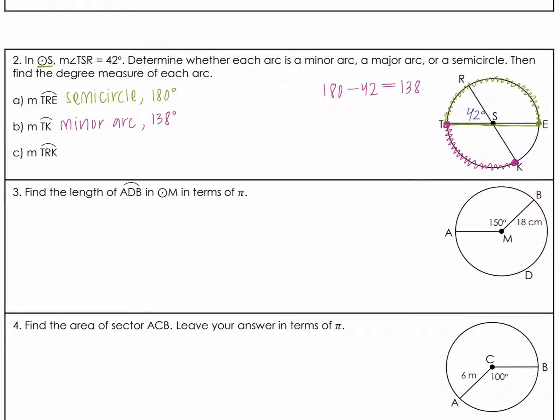All right, moving into the last part of this problem. We're going to have here our measure of arc TRK. So starting here at T, making my way towards that R. Okay, and then picking up and finishing off till I get to that K. Okay, so looking at that, I'll be able to determine that that is a major arc.